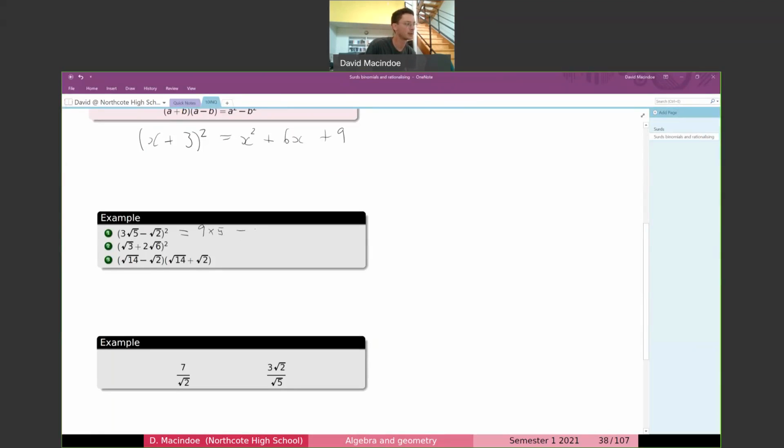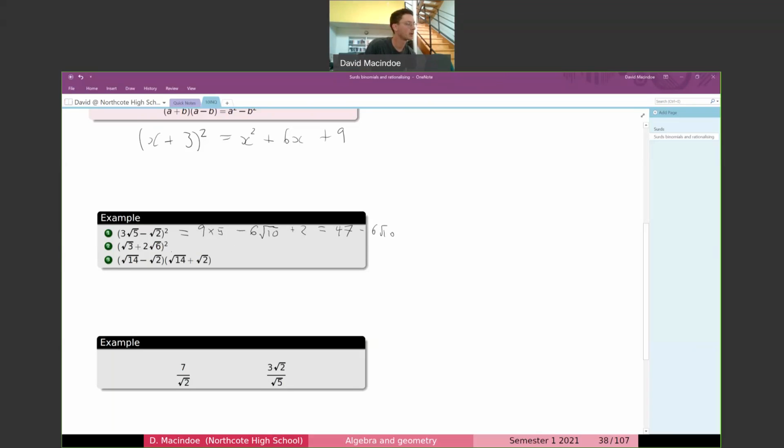So it's 2 times 3 is 6. Then root 5 times root 2 is root 10. We're just multiplying the things under the surd. Then we get the last thing squared, and it's always positive, so plus 2. If you simplify that a bit, 9 times 5 is 45, plus 2 is 47, and the surd just stays as a surd, 6 root 10.